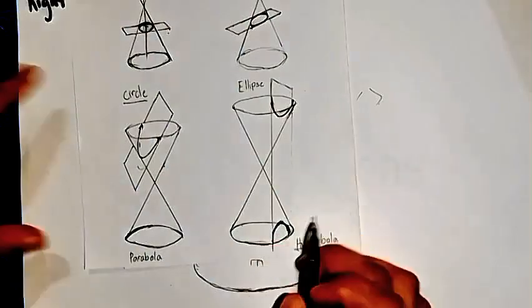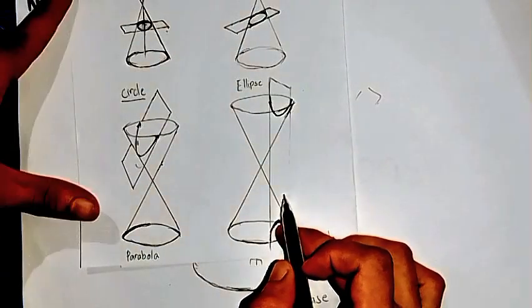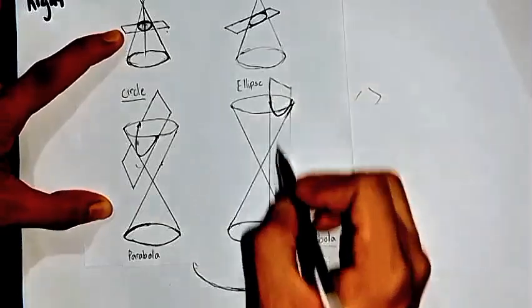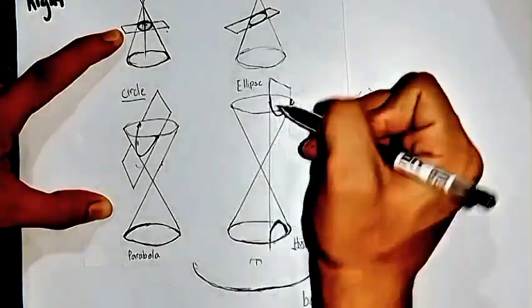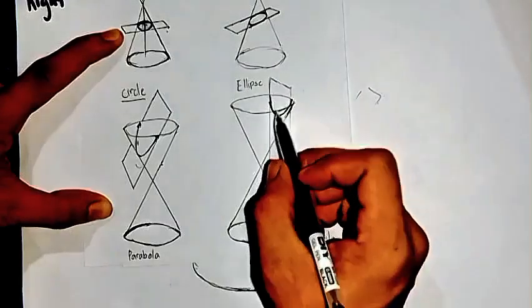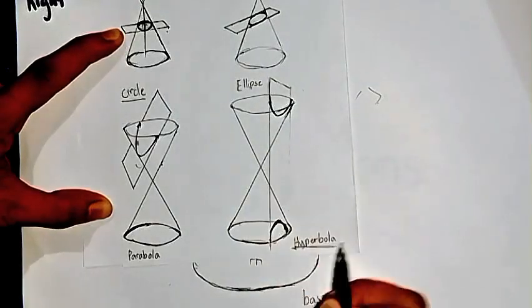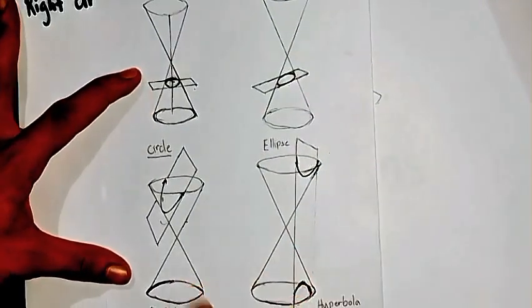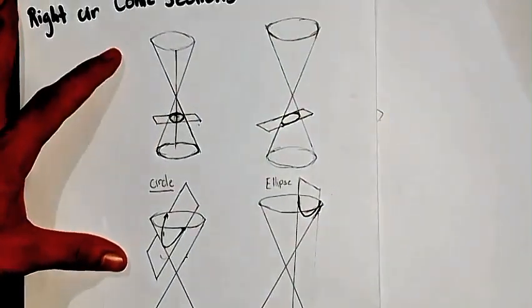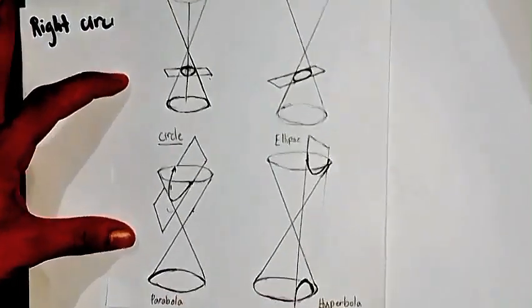And if a plane cuts the right circular cone vertically, we can create two curves, and these are called the hyperbola. These are the types of conic sections: circle, ellipse, parabola, and hyperbola.